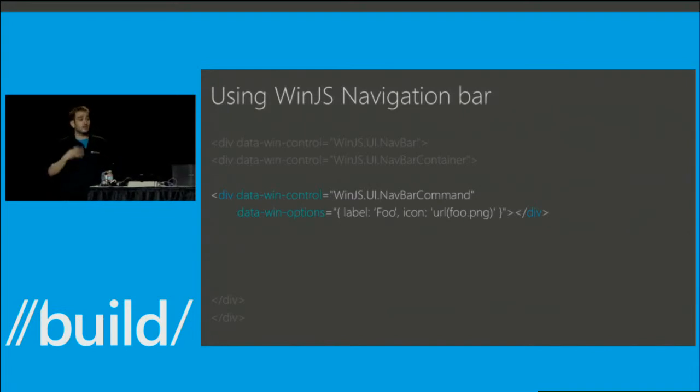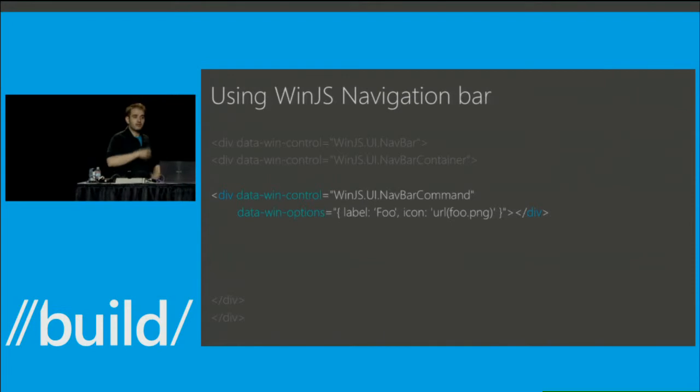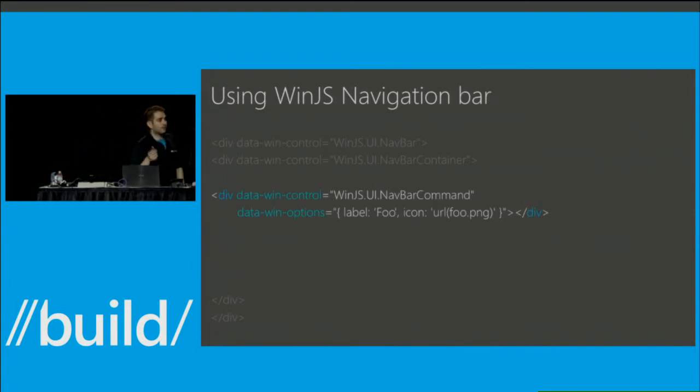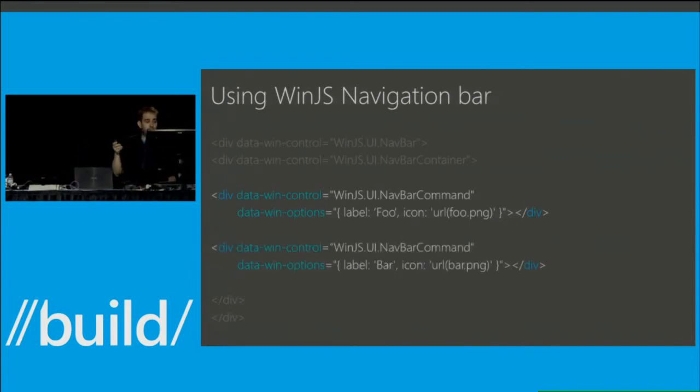So if you're using the WinJS navigation model to do your navigation of pages as a single page app, this fits in naturally with that and automatically hooks into that nav stack and so forth. So it's great and goes hand in hand with that and gives you a pretty complete solution for doing navigation around a sophisticated, bigger app with more and more screens in it. So I hope you take advantage of the navigation bar. You can add multiple of these and so forth.